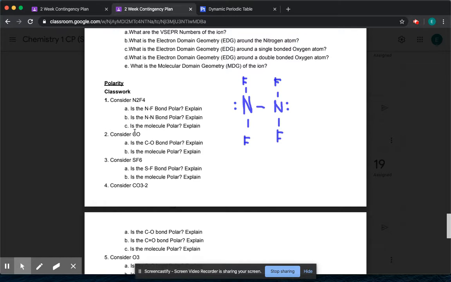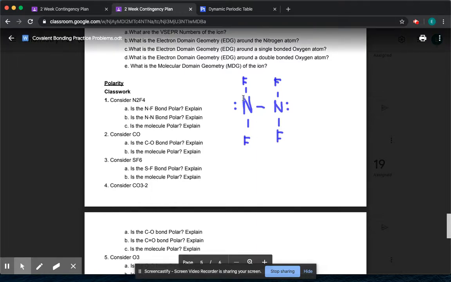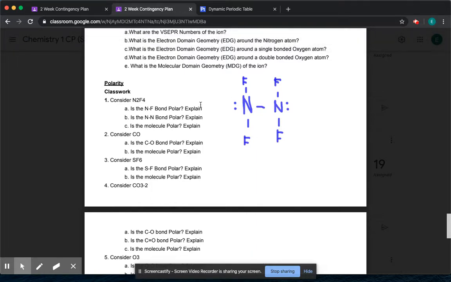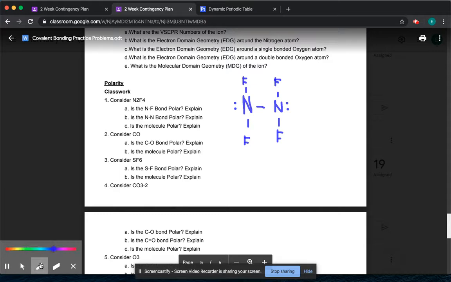Now this can get a little complicated in this case because you have two central atoms. Two central atoms is going to give you a weird shape, but let's just focus on one nitrogen. What are the VSEPR numbers for it? Remember there are three numbers. The first number is the bonds and lone pairs.